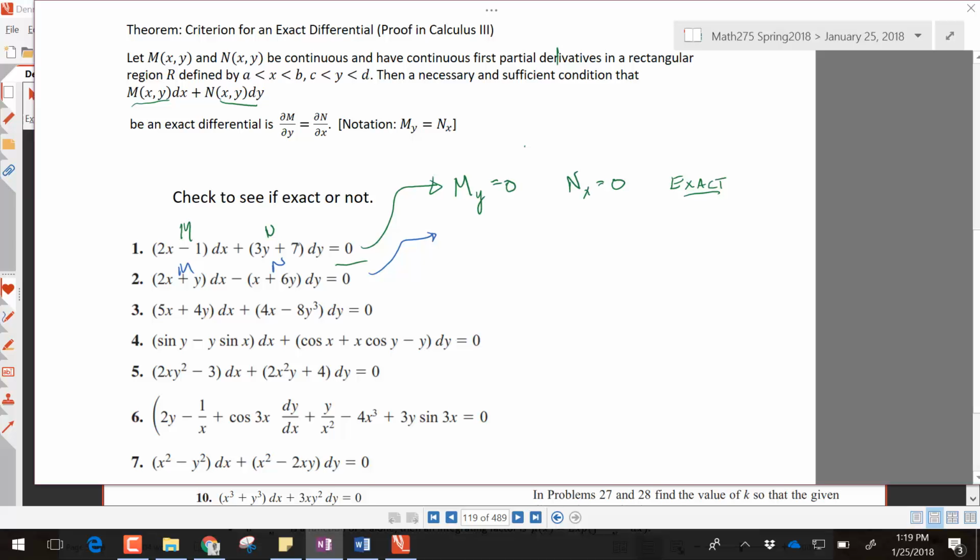By the way, you can write this as the differential equation that we know of, like dy/dx, by just treating the dy and the dx as if they were variables, and writing it as a ratio.